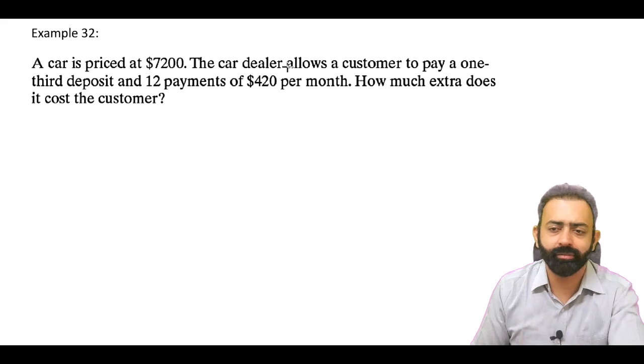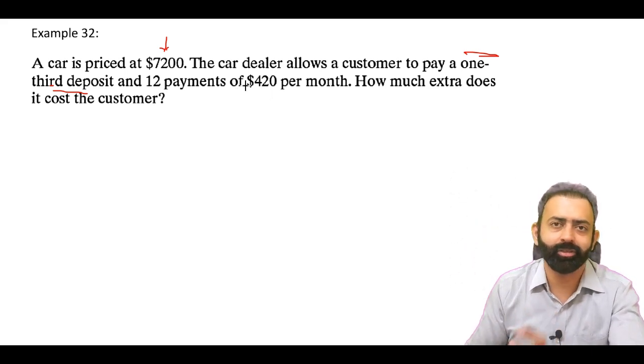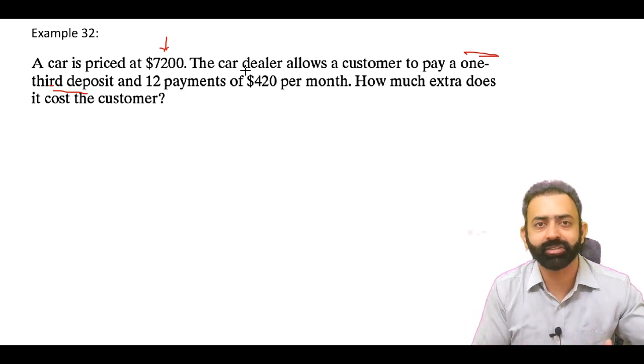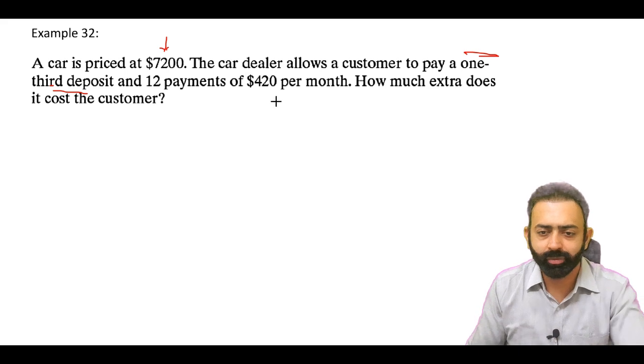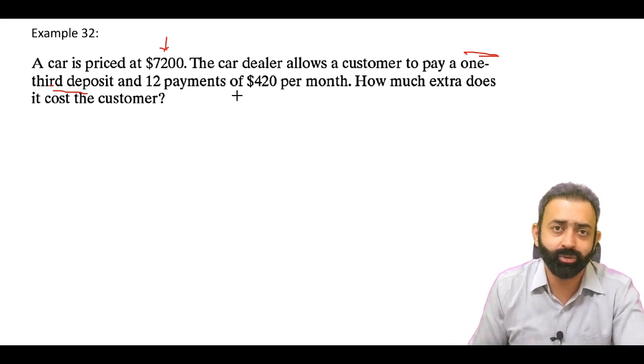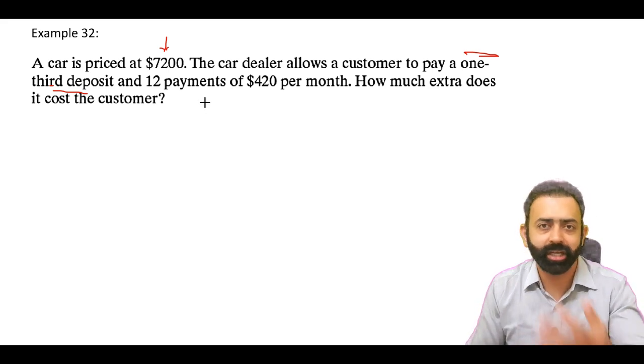One part can be that the customer pays a 1/3 deposit of the price of the car, and the rest can be given with 12 payments of $420 per month. Not rest meaning the actual amount that is remaining, but that depends on the scheme that the dealer is giving you. So $420 per month, you have to make these 12 equal installments plus 1/3 of the price you can deposit as cash.